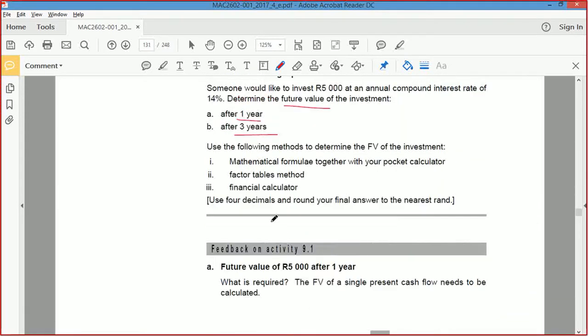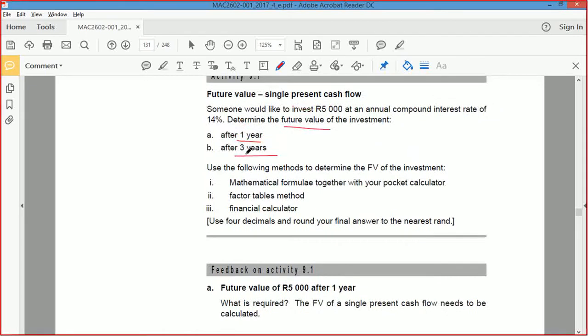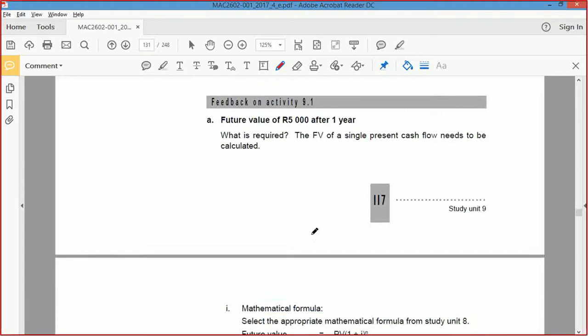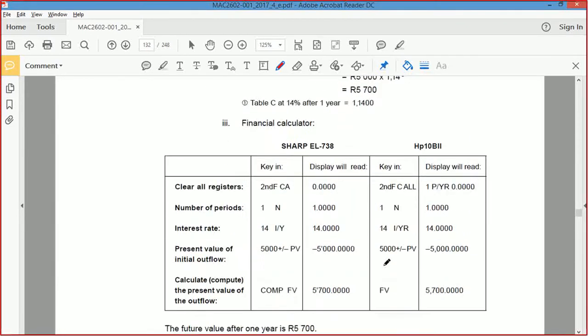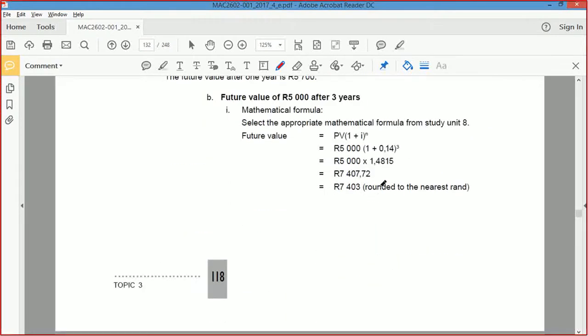Perfect. Now do that for 3 years. What do you get? 14 is I, and the future value is 7,407.72. Perfect. There you go.